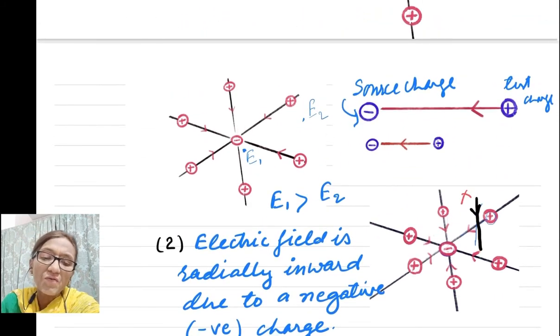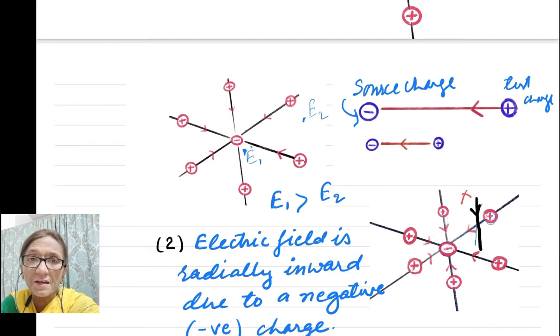Here you have field lines, and you know better that near any charge the electric field will be strong, and at a far point the electric field will be feeble. And how can you correlate this strong electric field with the field lines?